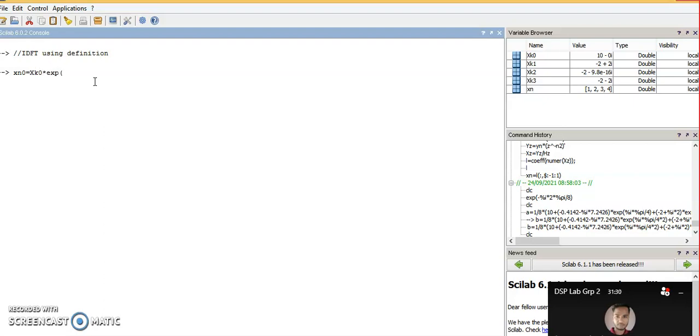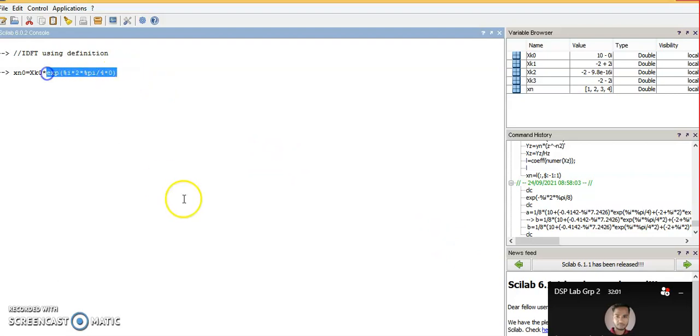exponential plus j. Here it has plus j. So exponential plus j into 2 into pi, divided by 4. This will be the twiddle factor, into 0 into 0. This will be the first term.